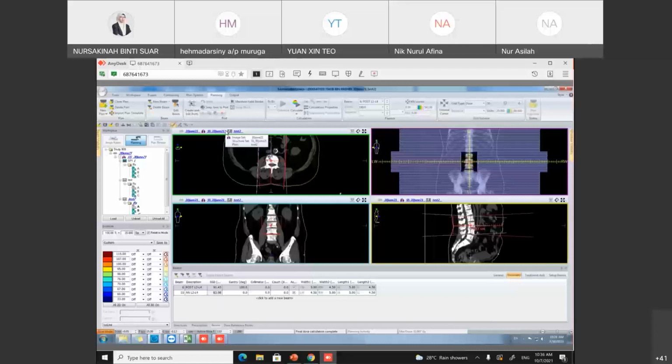Before that, I forgot to mention just now. Actually, as a rule of thumb, basic in treatment planning, when you want to place a field, those days we will put it at mid-plan.